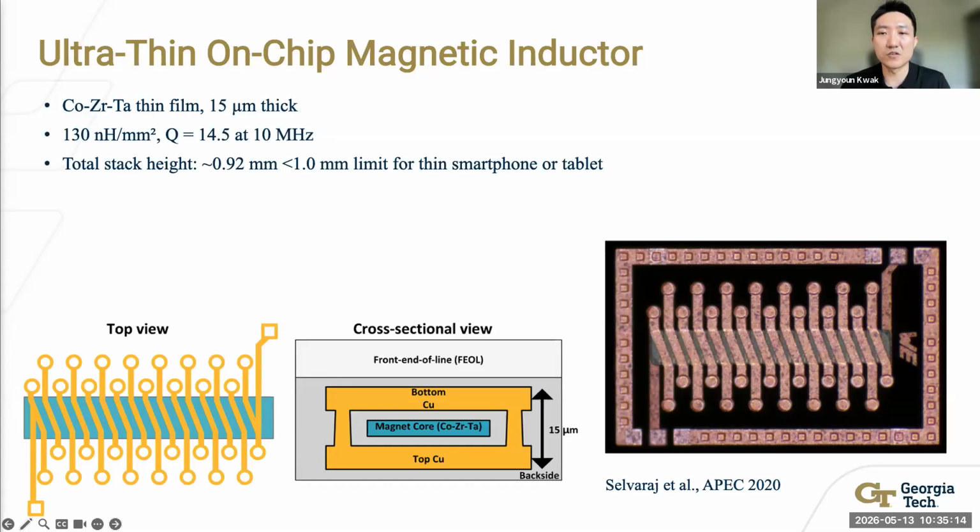These values are from APEC 2020. The 130 nanohenry per square millimeter figure sets the inductor area in our design. At this density, the inductor is the largest single part in our converter.